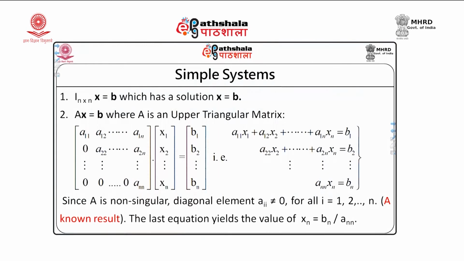So, the last equation yields the value of x_n equal to b_n by a_nn, because I can divide by a_nn.